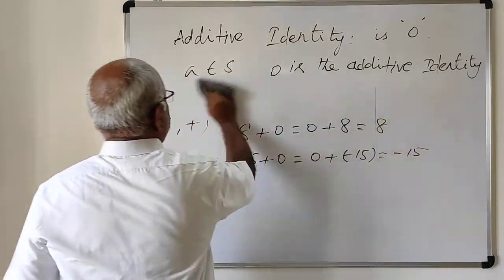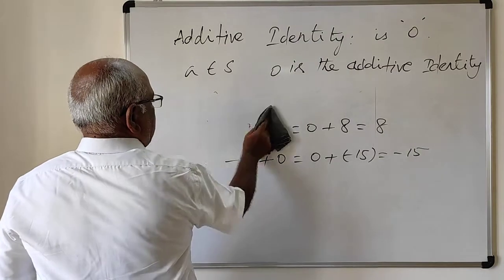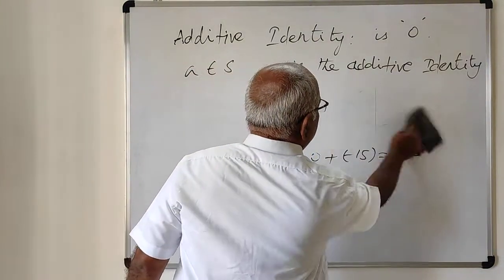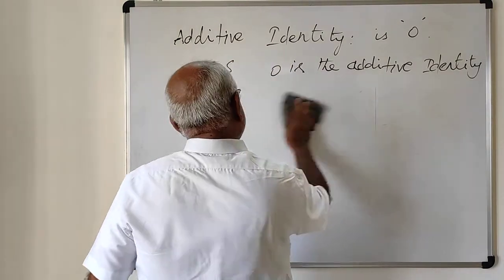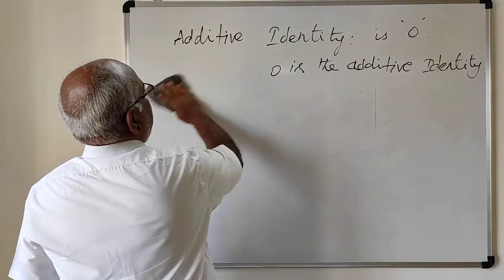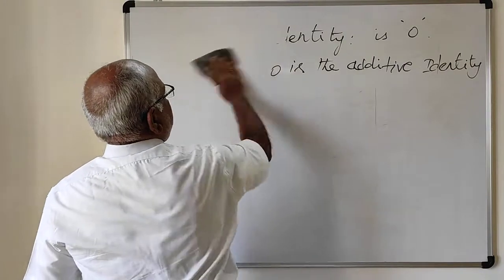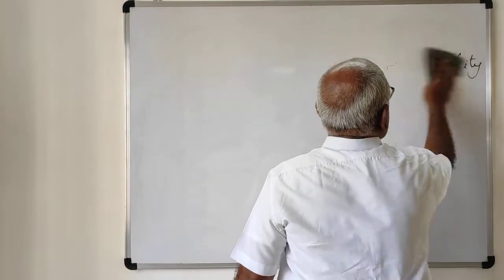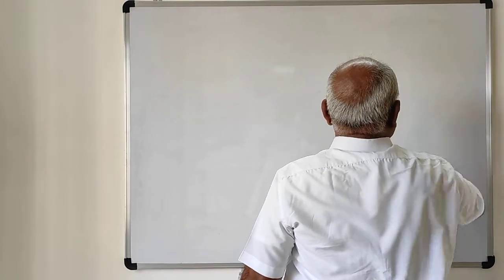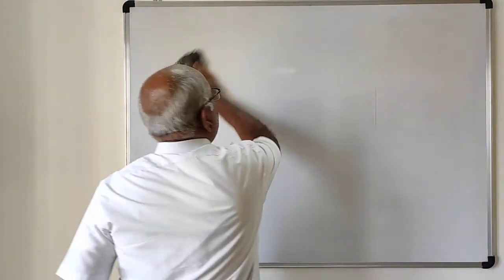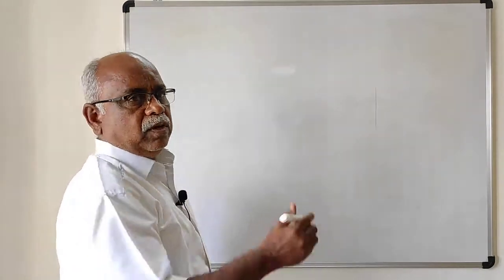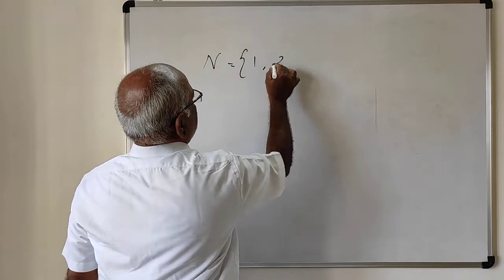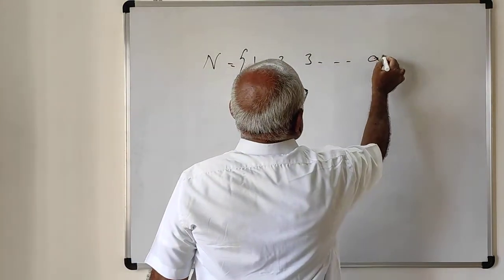Next, multiplicative identity. The additive identity is defined on the real number set or rational number set, everything except the natural number set. Additive identity is not in the set of natural numbers, because the natural number set N starts from 1 and goes up to infinity.